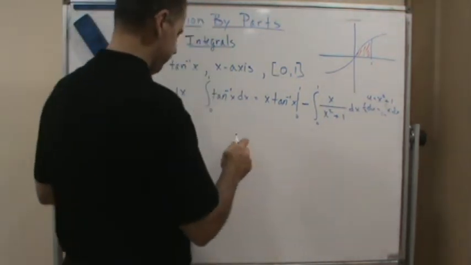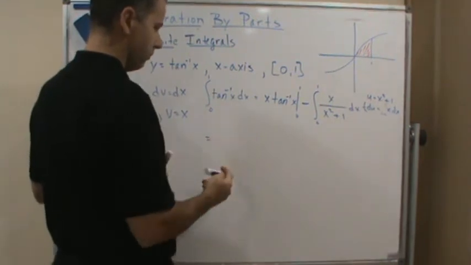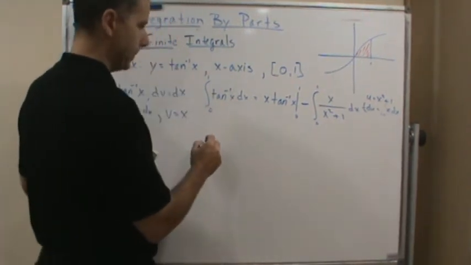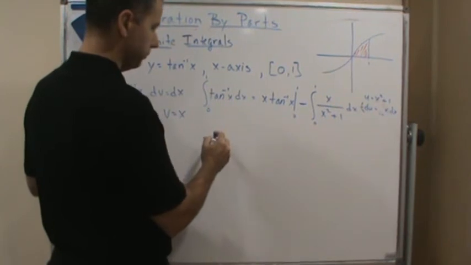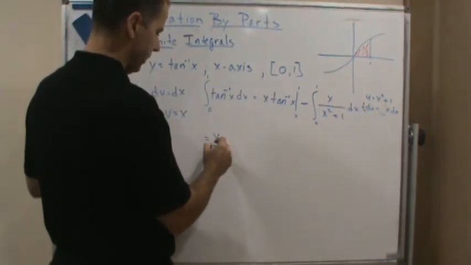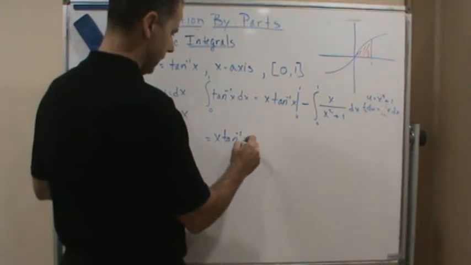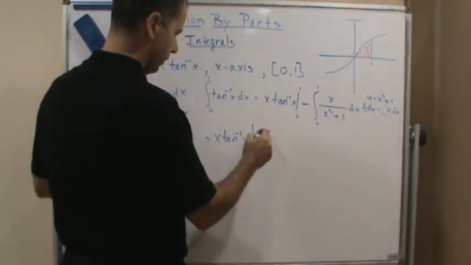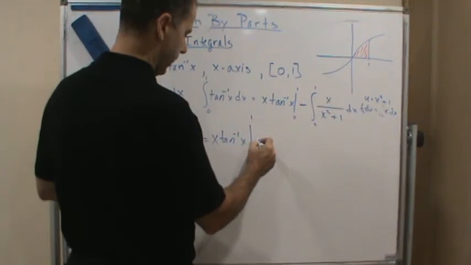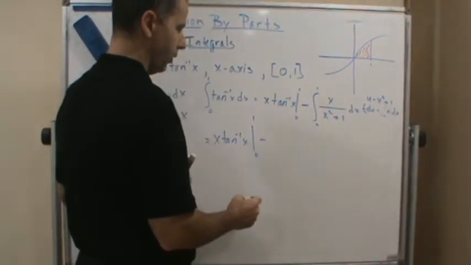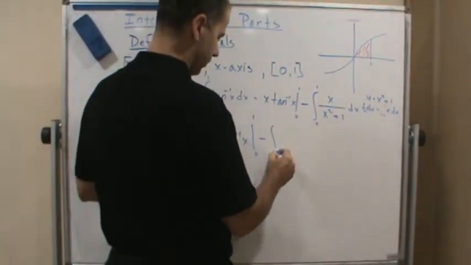So now we get x tangent inverse of x, evaluated from 0 to 1. And so this gives us the integral.